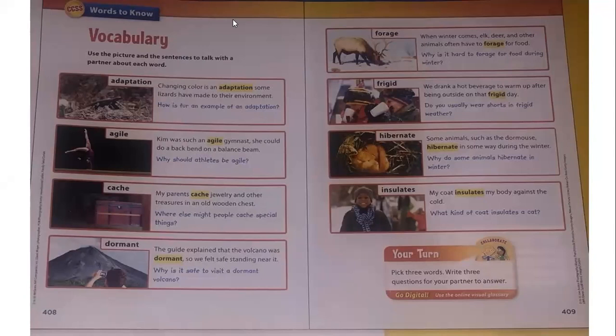So when a volcano is dormant, this is the opposite of active. It's not going to erupt, right? So it's safe to be near it. But if it's an active volcano, then we must stay away because it may erupt. All right.